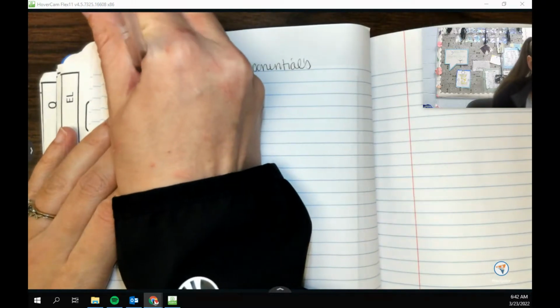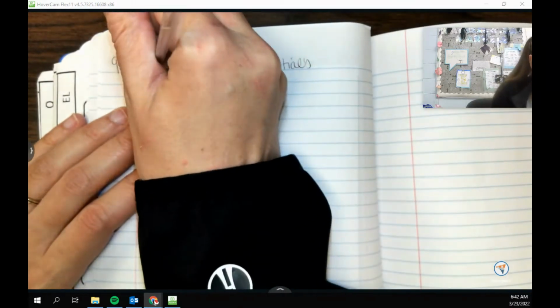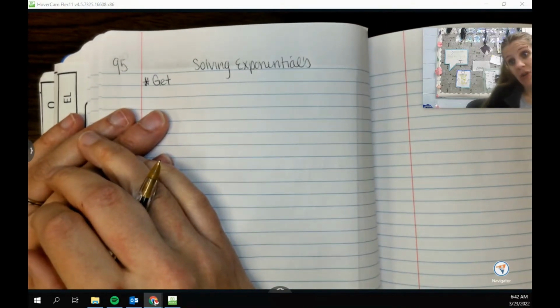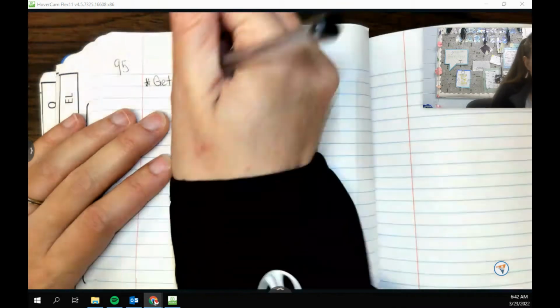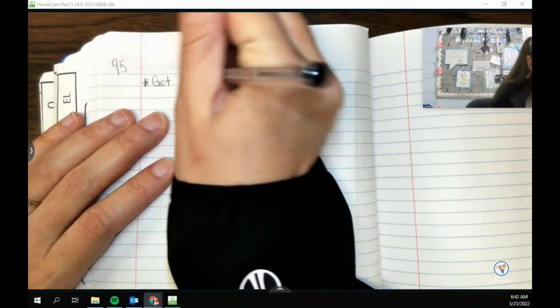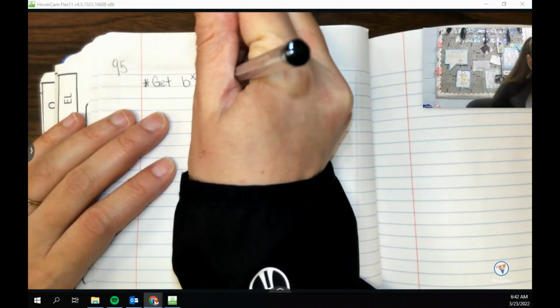So basically, we want to think about two things. We want to get our x alone. Now with an exponential though, our x is going to be up in an exponent, so we want to get our b to the x alone.